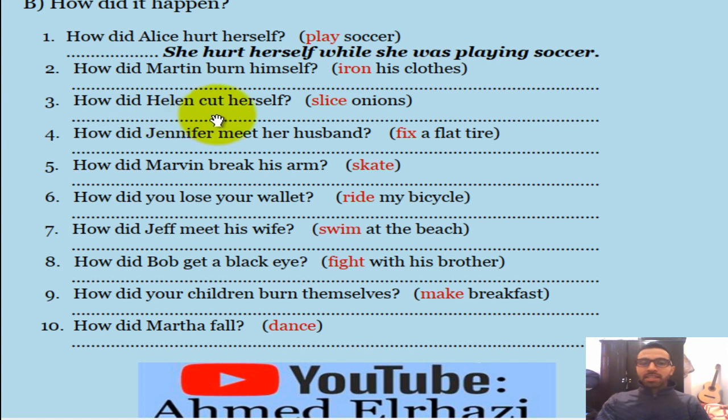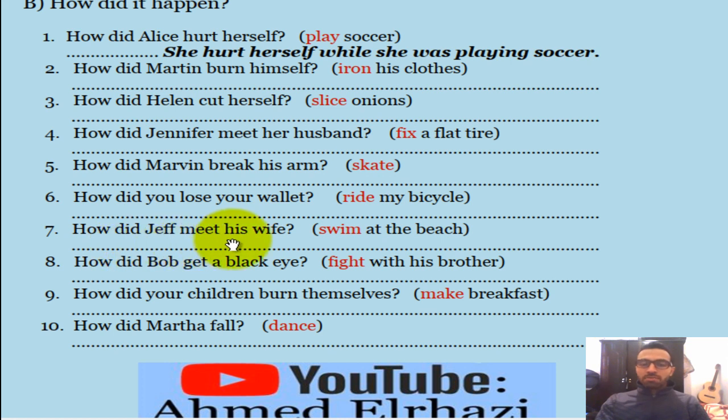How did Helen cut herself? Slice onions. How did Jennifer meet her husband? Fix a flat tire. How did Marvin break his arm? Skate. How did you lose your wallet? Ride my bicycle.